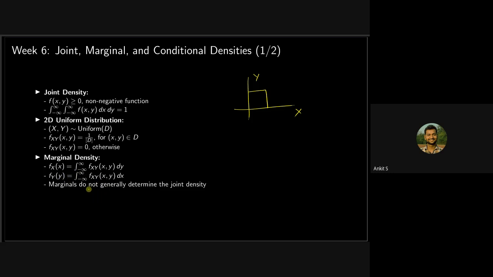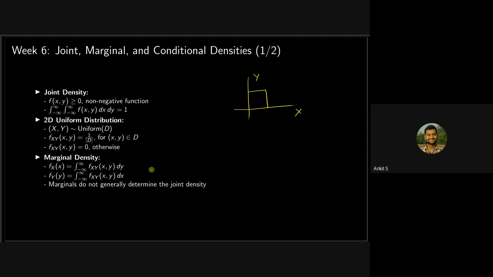One important piece of information was that marginals do not generally determine the joint density. This was also true for discrete random variables, right? We saw some examples there.